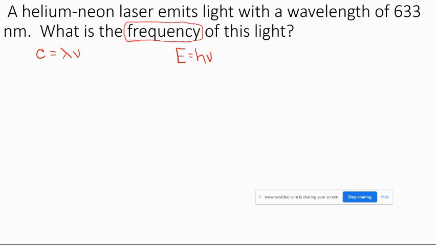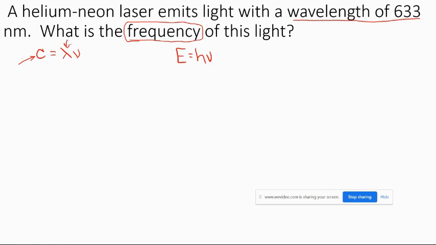The one that you use is whatever you're given. You're given wavelength here. So which one of these, our first equation or our second one, has wavelength in it? Yep, the first one.